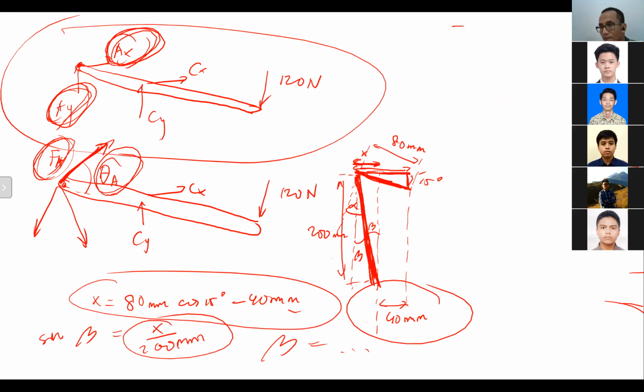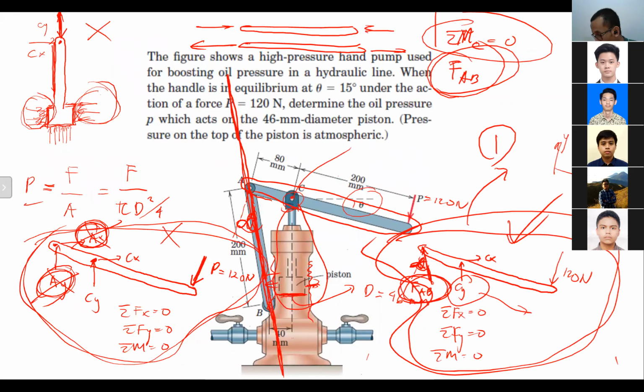It will be alpha. But then you use beta when finding Cy? Yes. As I told you, you can find alpha from beta, beta from alpha.